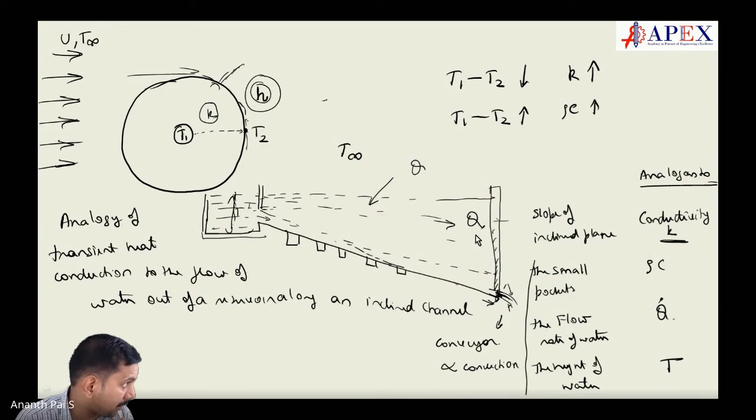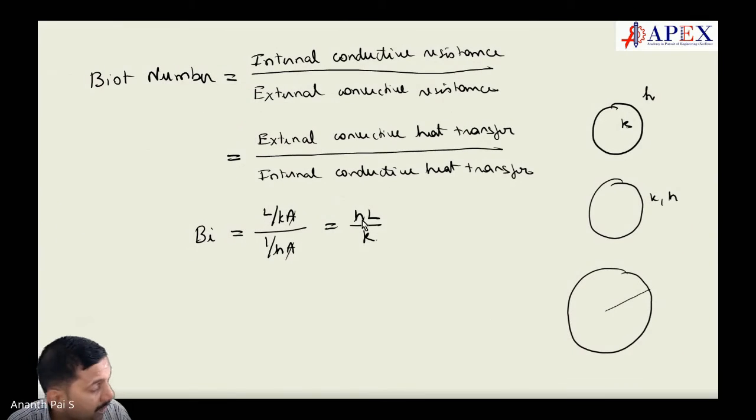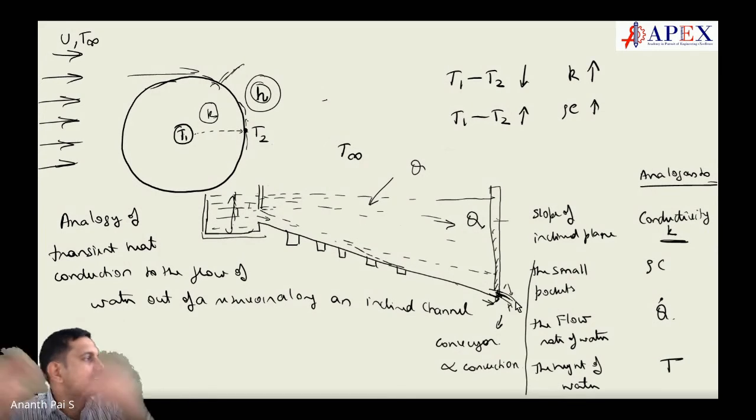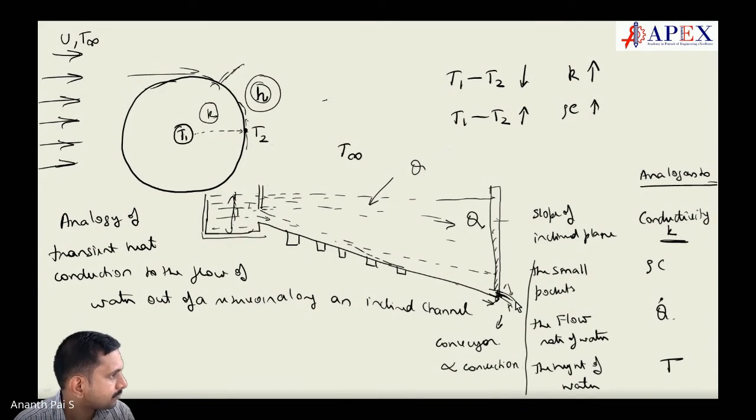It's transient, keep in mind. We are worried about transient, how it is moving. So this distance will be very small. Whereas if you consider H high and K small, then whatever is coming here is taken out. Make sense? Is it clear?